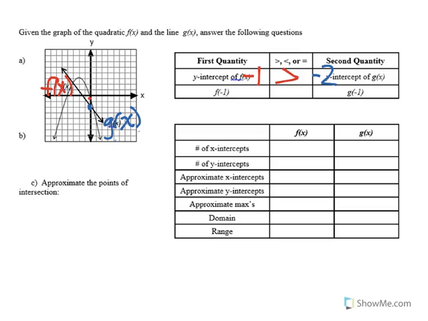Now, the next question we want to look at is where f of -1 occurs. So when x is -1, the parabola's point is right here. When x equals -1, the straight line's point is down here.